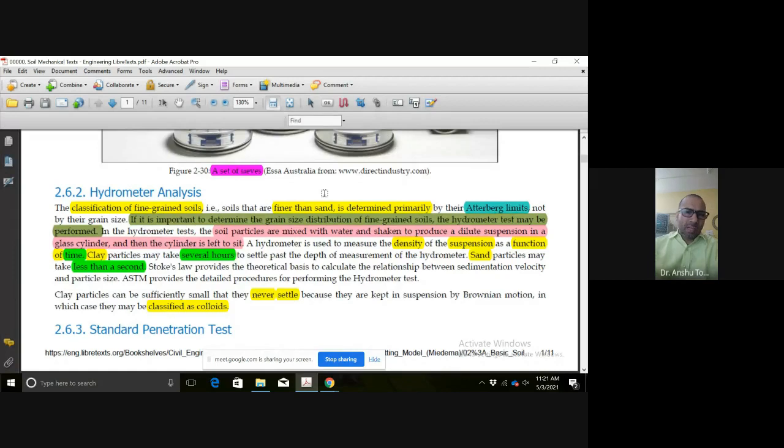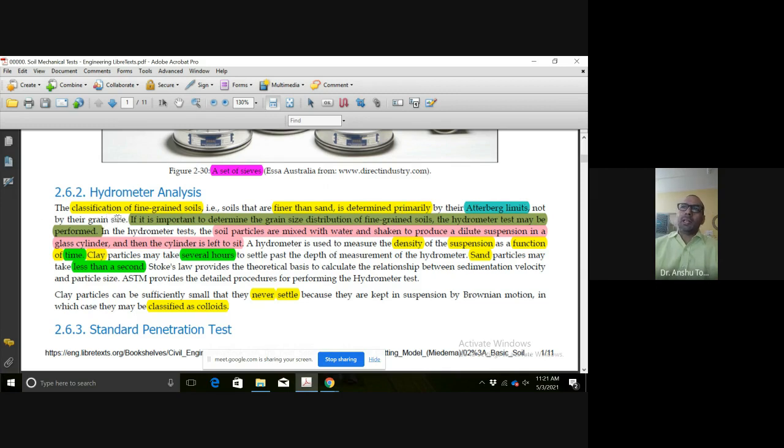So there are two types of methods again. Atterberg limits, the test we will also see, that is the plasticity limit, shrinkage limit, all those limits we find out on a soil sample when tested in the laboratory. So that is another method to separate out the sand.